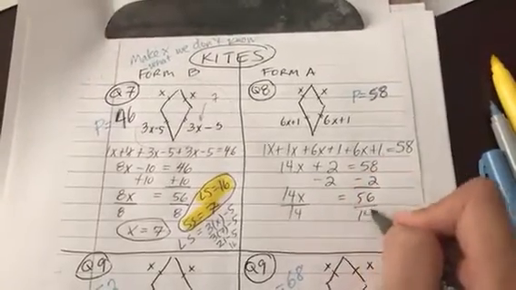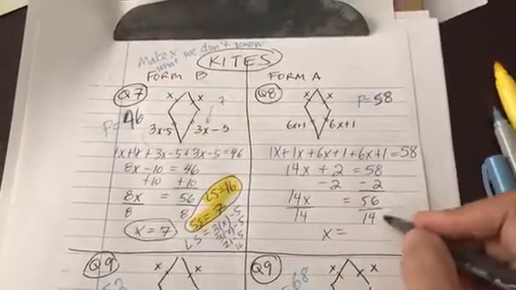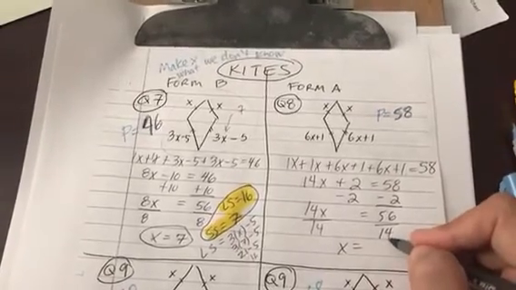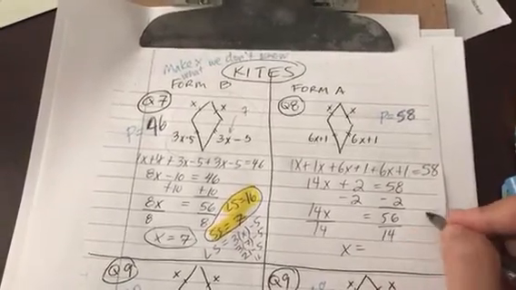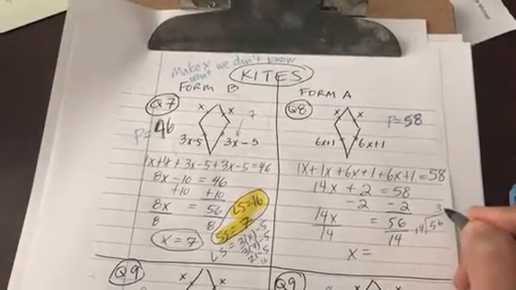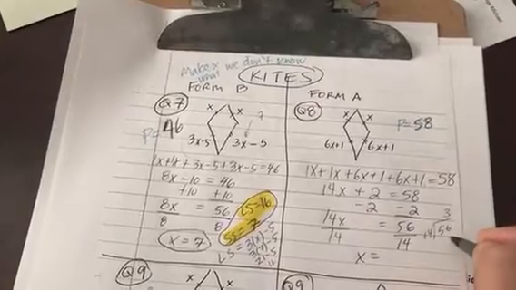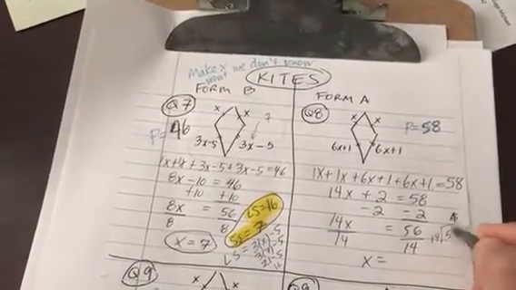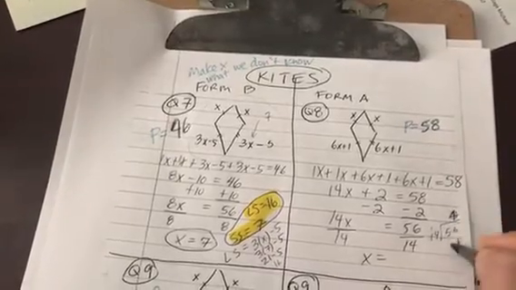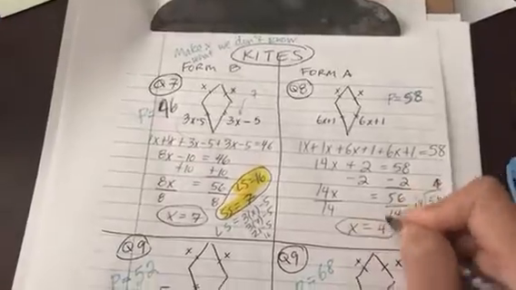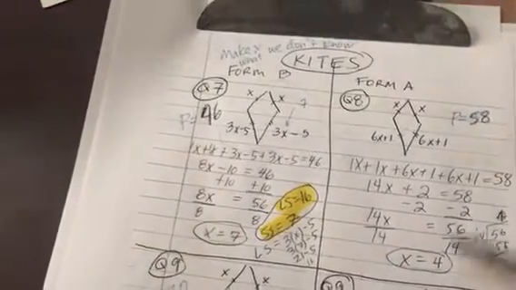If we divide on both sides, we get x is equal to, now I'm sitting here going, wait a minute, 56 divided by 14, maybe it's 3. That's not going to get me 56, so let's try 4. 4 times 4 is 16, carry the 1, 56. Okay, perfect. So 56 divided by 14, x is 4. Now let's plug that back in.